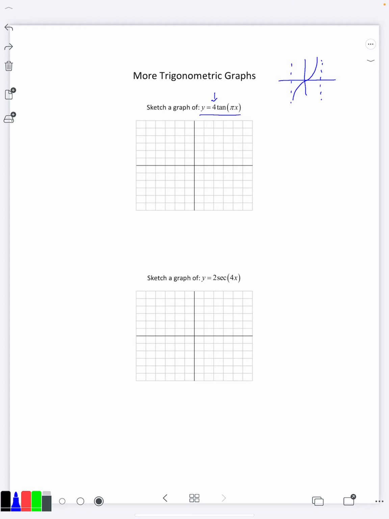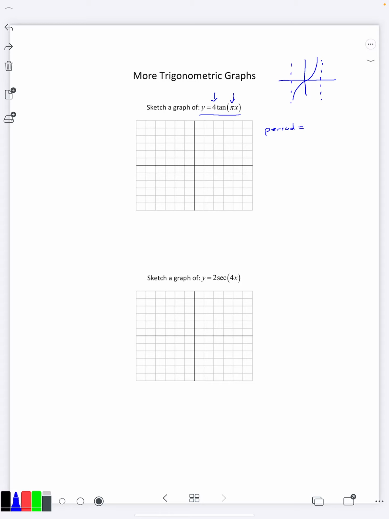The other number that's going to affect things is this pi here. And just like on the sine and cosine, that number is going to affect the period. So here's the best way to go ahead and figure out how to graph tangent or cotangent graphs. First thing you want to do is figure out the period. Now when we were doing sine and cosine, it was 2 pi divided by the coefficient of x.